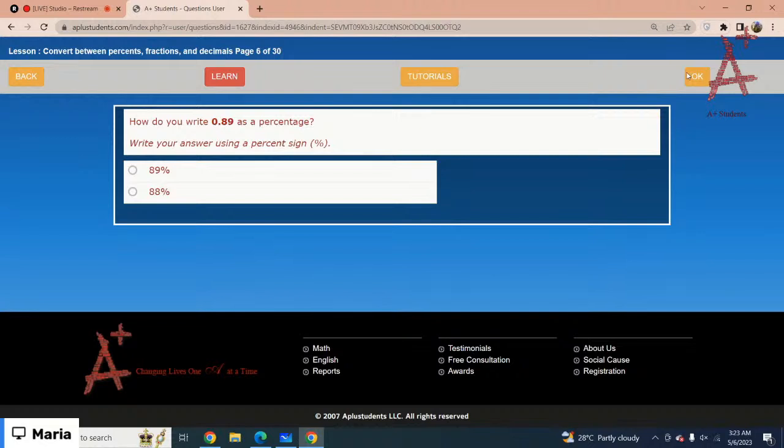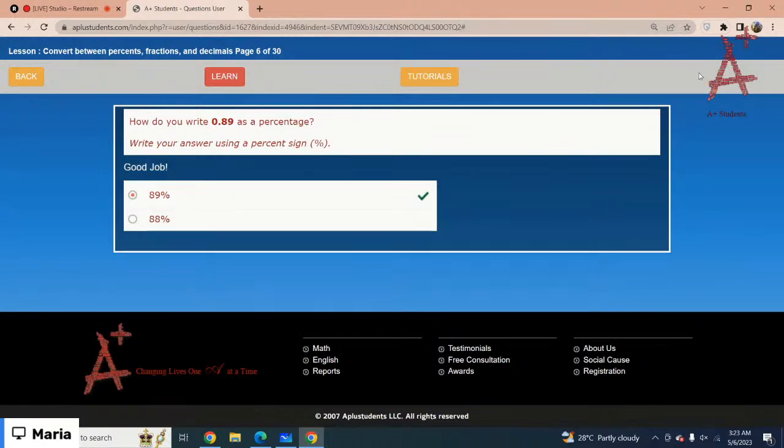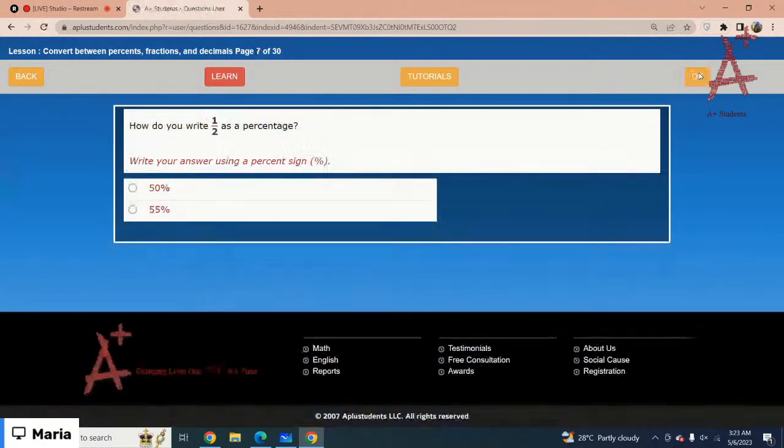How do you write 0.89 as a percentage? Yes, it is 89%. The correct option is 89%. How do you write 1 by 2 as a percentage?